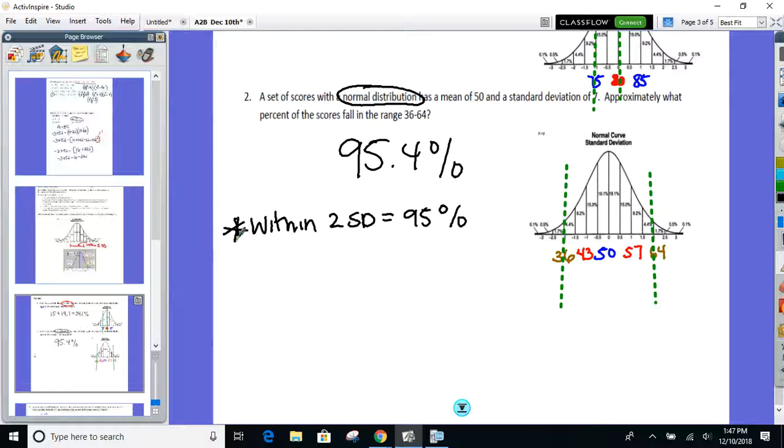Okay, within 2 standard deviations. Can you guys also, while we're here right now, find me what percent of scores fall within 1 standard deviation? Because that's another number you're going to see quite a bit. Can you guys now add up all the percents that fall within 1 standard deviation?